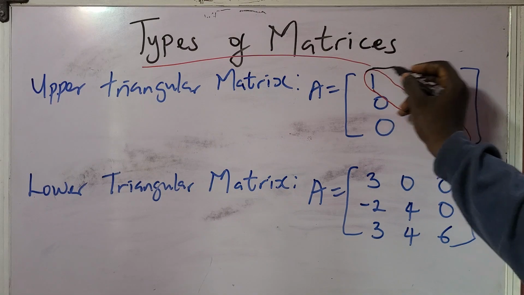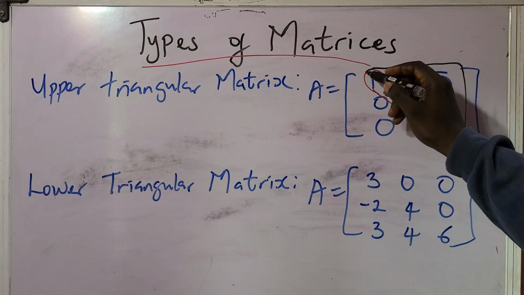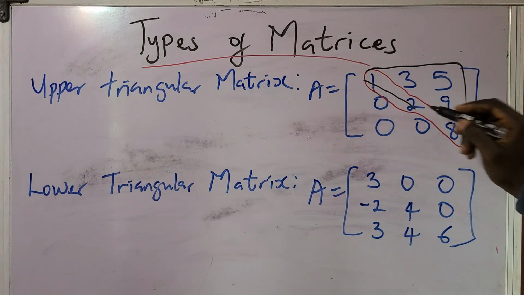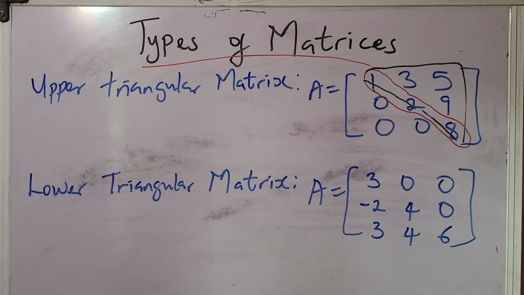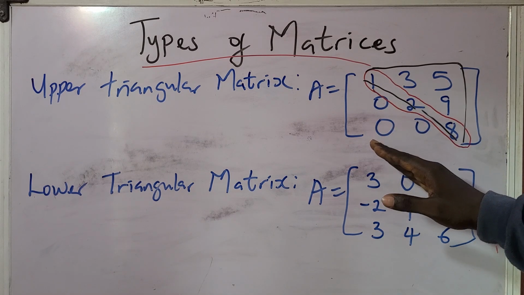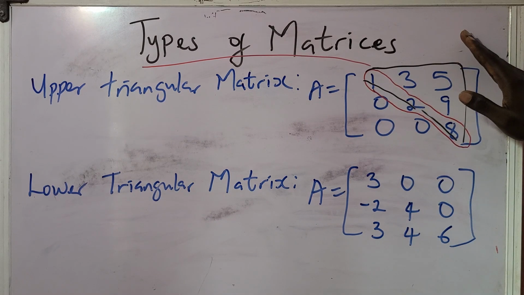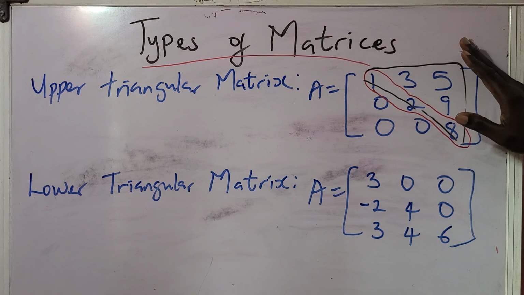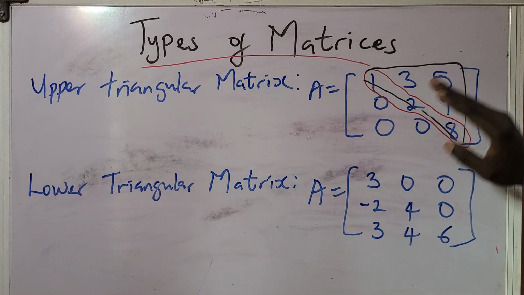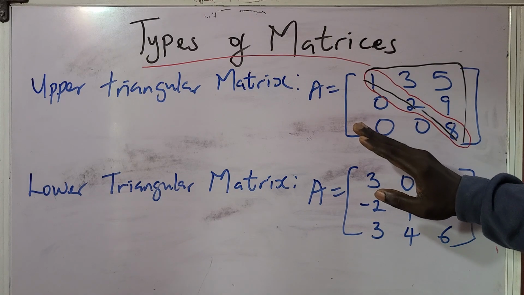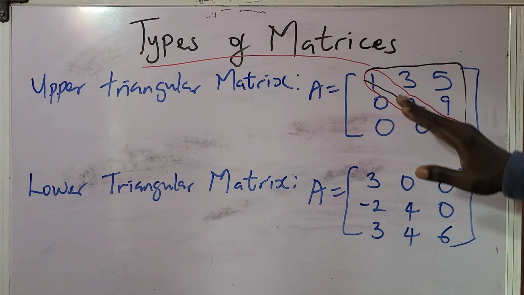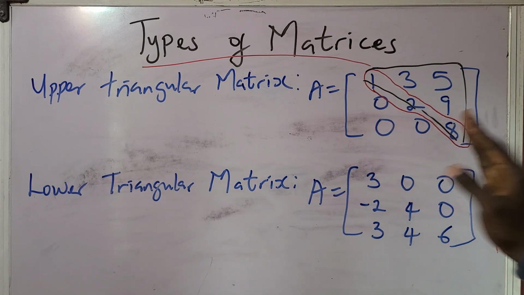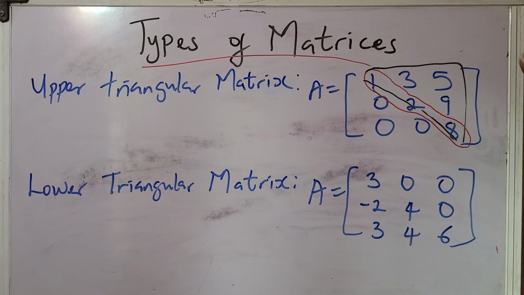It forms the shape of a triangle, and it's the upper triangle. Elements in this upper triangle are non-zeros, but every element below this triangle is zero. So below the leading diagonal, you have zeros, and above the leading diagonal, you have non-zeros.